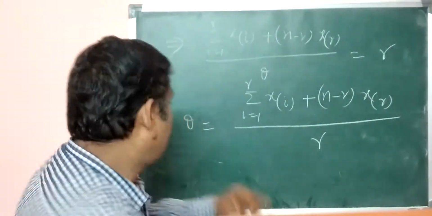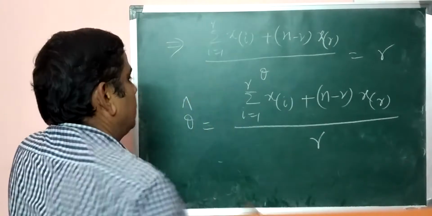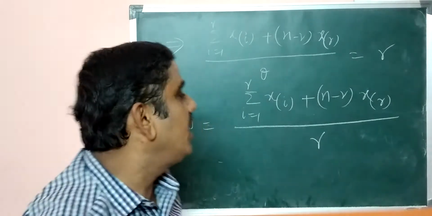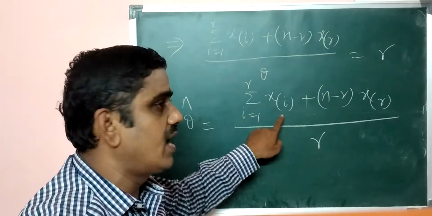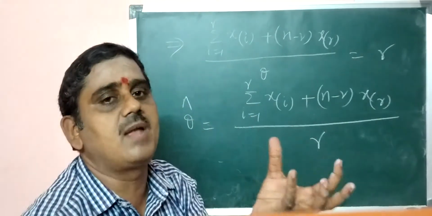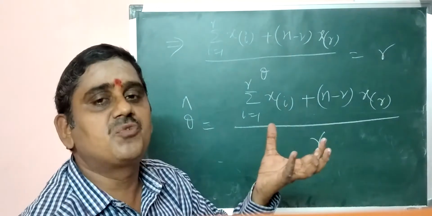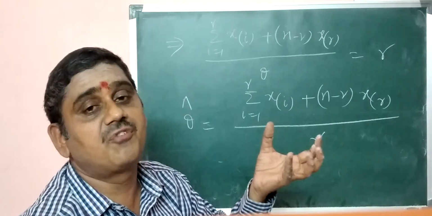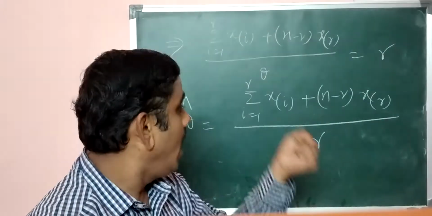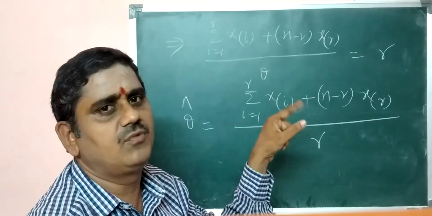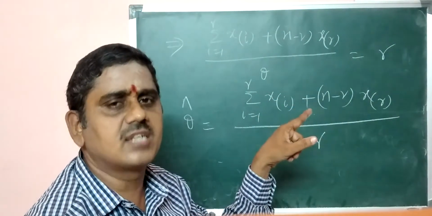If theta is not known, then you have to estimate it with this, that is theta cap. The estimation of theta is nothing but the summation of xi, that is the sum of lifetimes of all the components which failed, plus (n minus r) into xr. That is the additional value obtained because of the order statistics.